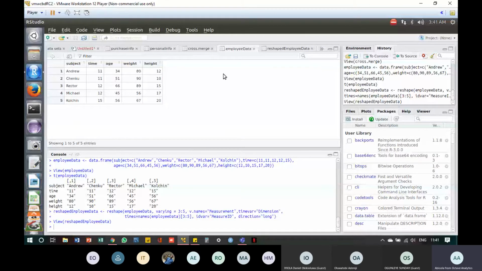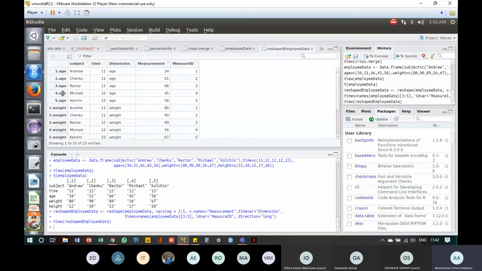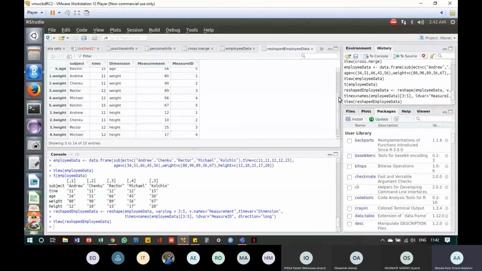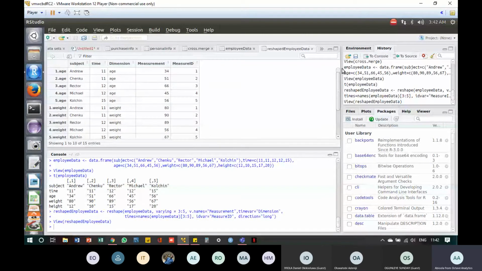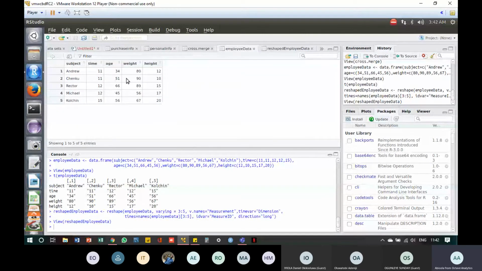So we want our data in the long format. So we merged the data rows, the row numbers, with the column values. So we now have 1 to time, 1 to age, 1 to weight, 1 to height, and so on. 2 to subject, 2 to time, 2 to age, 2 to weight, 2 to height, 3 to each of them, 4 and 5. That's what this did to each of them. And we have just age, weight, and height here, because we wanted just 3 to 5.